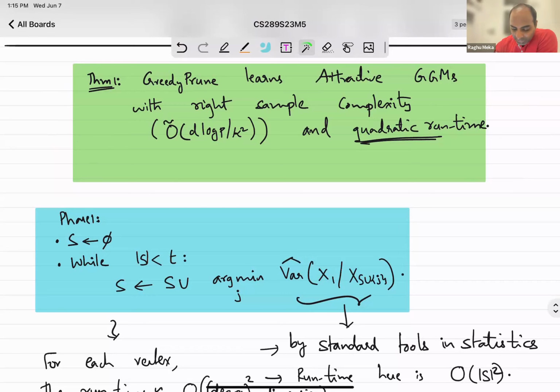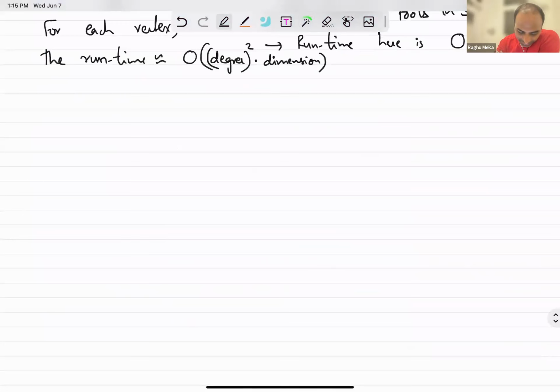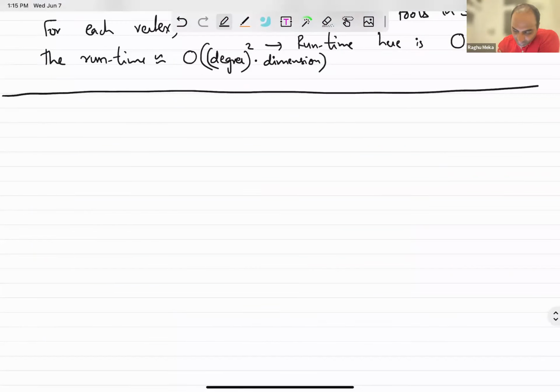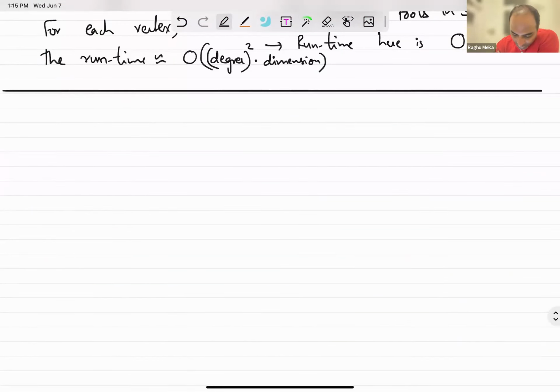But I think there's a nicer, age-old principle underlying the success of greedy prune for attractive GGMs, and this is something worth knowing for its own sake. So why does greedy work?